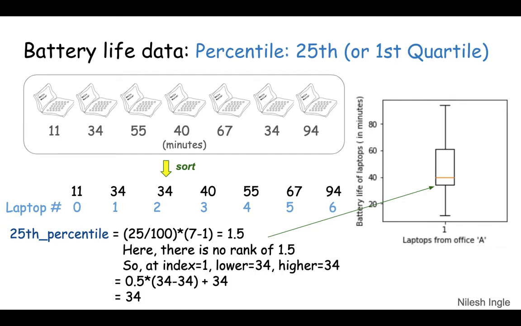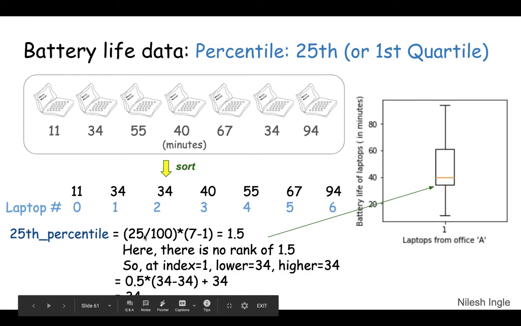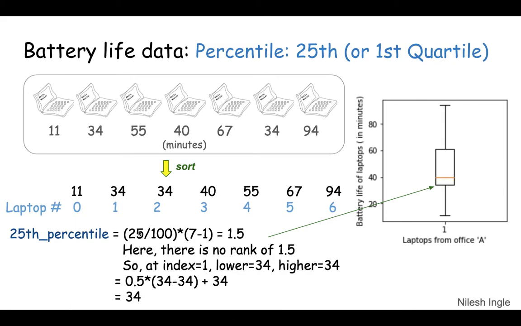The method we are using here is a linear method that is used in Python NumPy. In Python there are other methods as well, but this is the one that we are going to look at. First, we take the percentile that we are trying to calculate. In this case it's 25, so 25 divided by 100 multiplied by n minus 1.